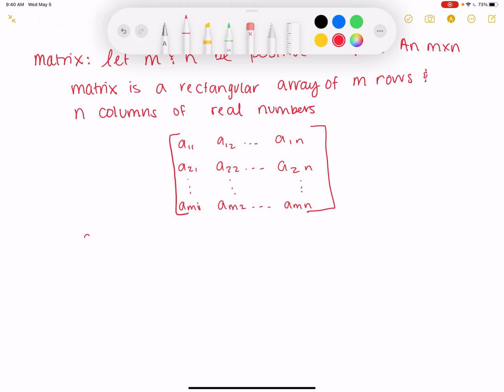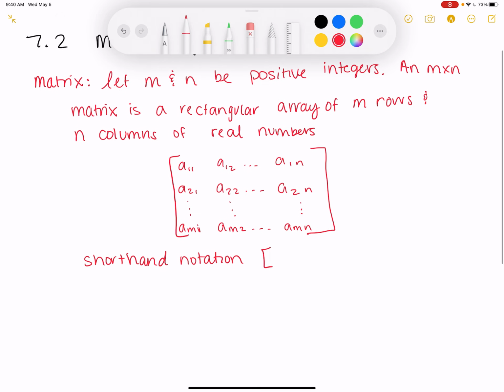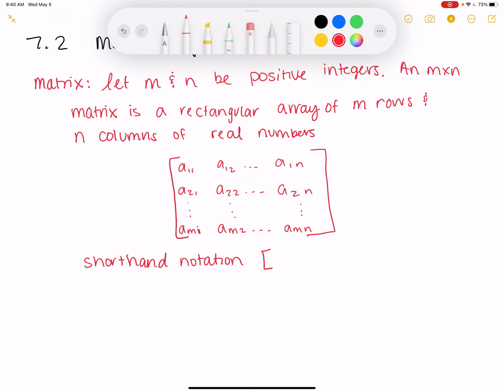And the shorthand notation to represent this matrix is A sub ij to denote this matrix.